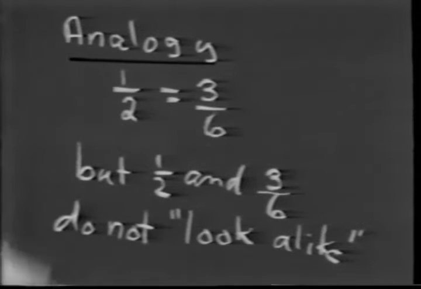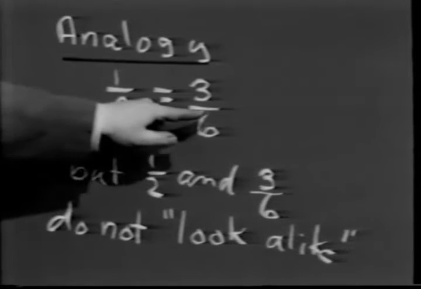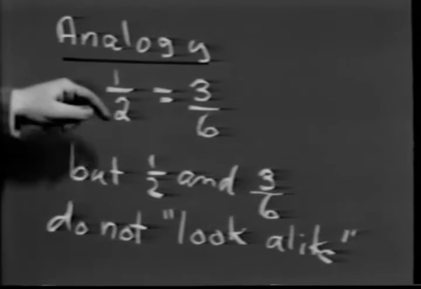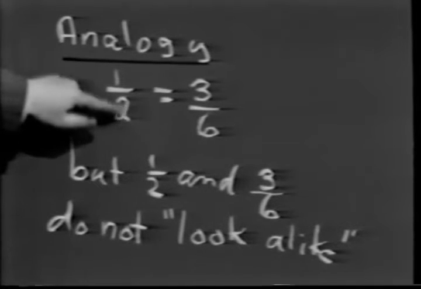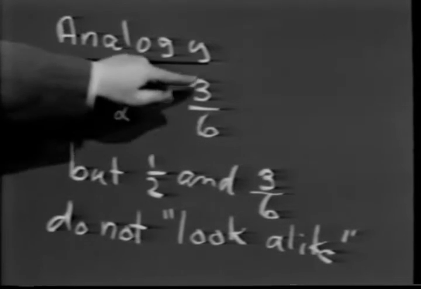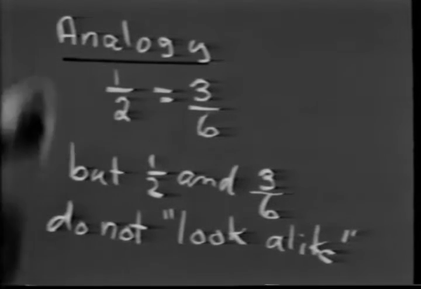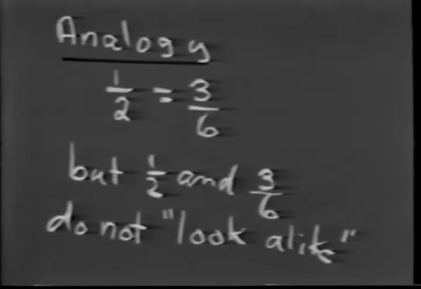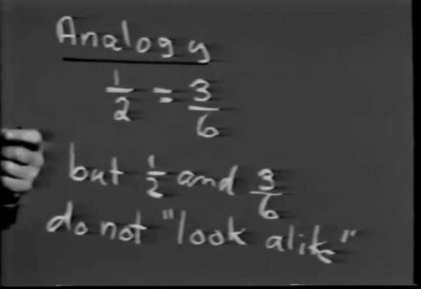The two fractions don't look alike. Why do we call them equal? It means that in terms of what we want ratios to mean, the number which you must multiply by 2 to get 1 is the same number that you must multiply by 6 to get 3, and consequently, let's just keep the equality in that sense. Who cares whether they look alike or not? Let's call them equal if they capture the important characteristic.